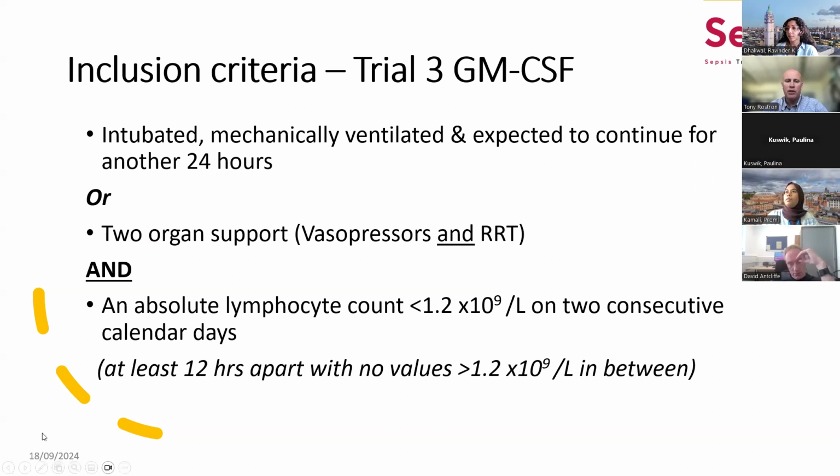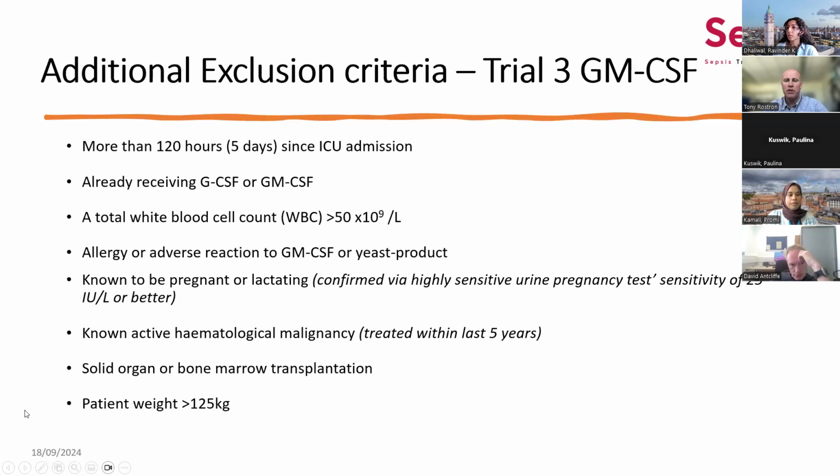And in terms of our exclusion criteria, we have some additional exclusion criteria. So patients need to be randomized and consented within the first 5 days of their ICU admission. They should not already be receiving G-CSF or GM-CSF for another clinical indication. If they have a total white blood cell count of greater than 50 times 10 to the 9 per litre, they aren't eligible for the study.